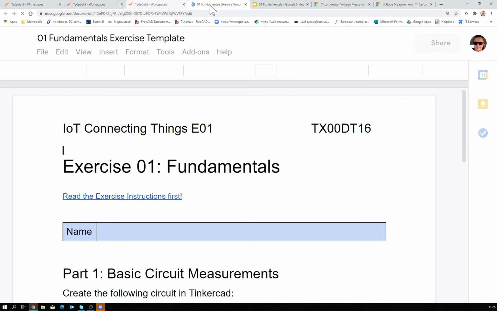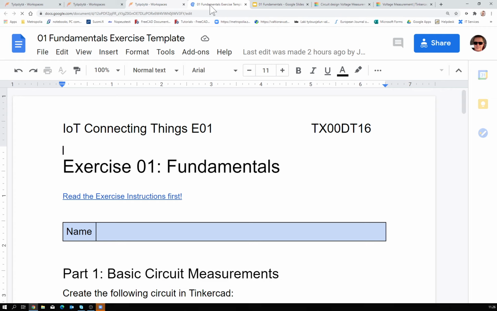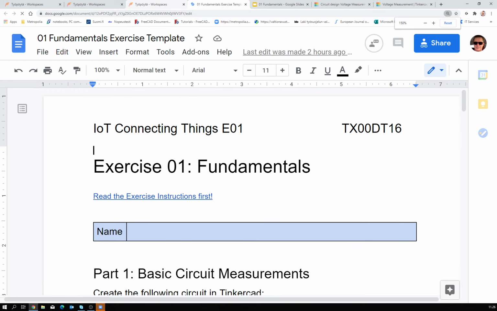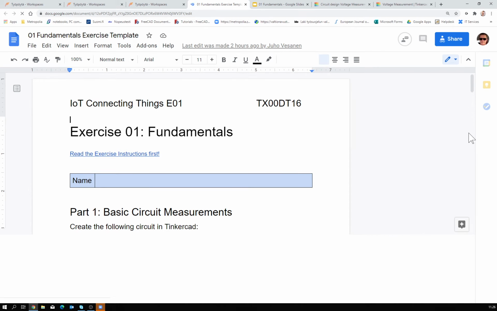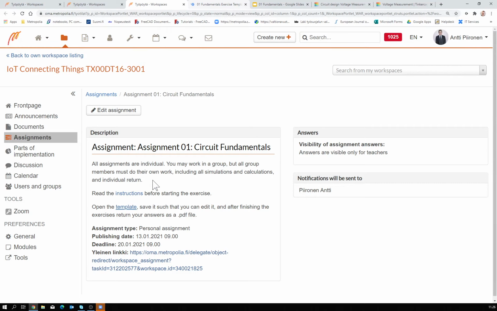Next part would be to do the exercise: make a copy of this one, write your name on it. It was in the workplace assignments. Remember that one.